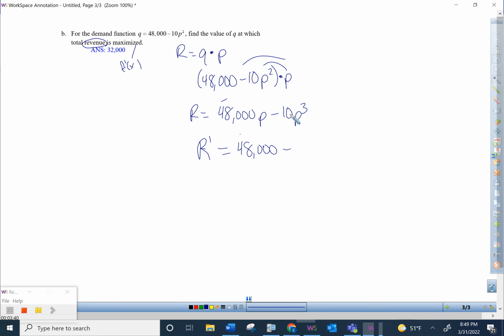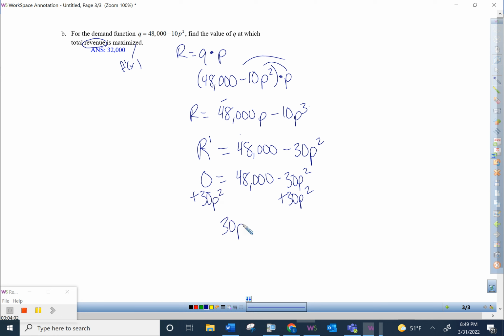And then here we've got minus 30. Power rule makes that go to squared. And we're just setting that equal to 0. Okay, I like to add over this part, since it was already negative, that way I don't have double negatives.